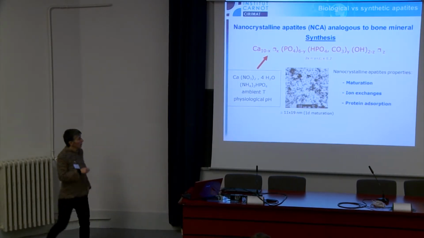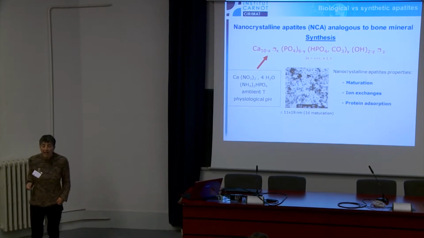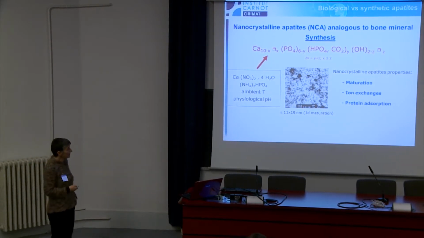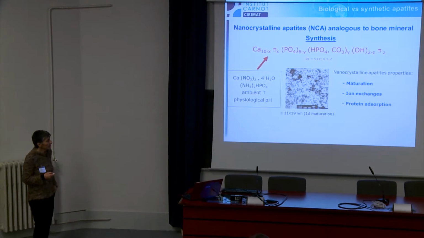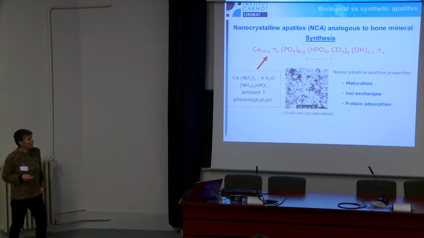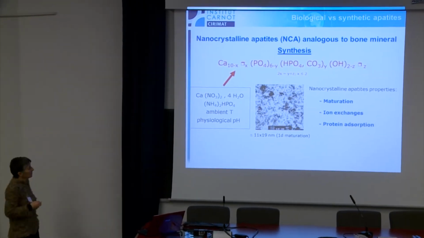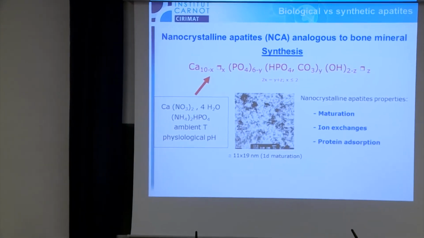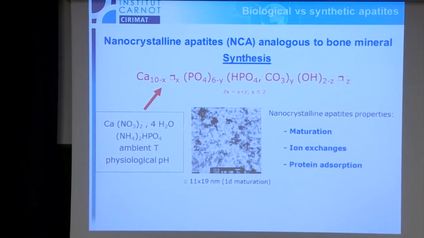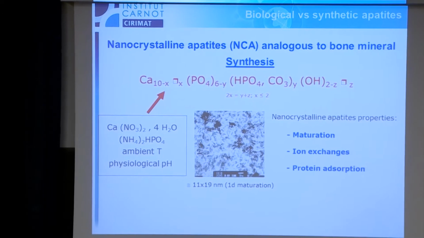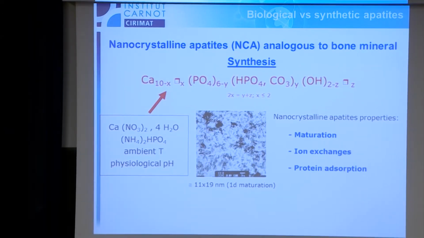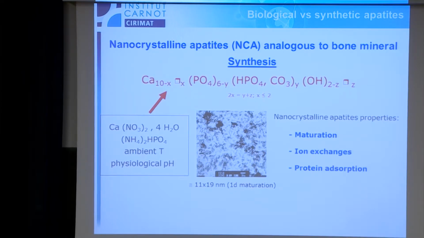Here is a slide presenting how we can prepare synthetic nanocrystalline apatite analogous to bone mineral. It's an easy way to prepare it in solution, by precipitation from a calcium solution and a carbonate and hydrogenophosphate solution. This precipitation is at ambient temperature and at physiological pH.